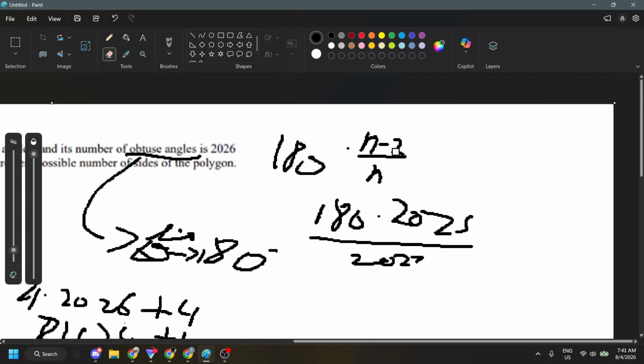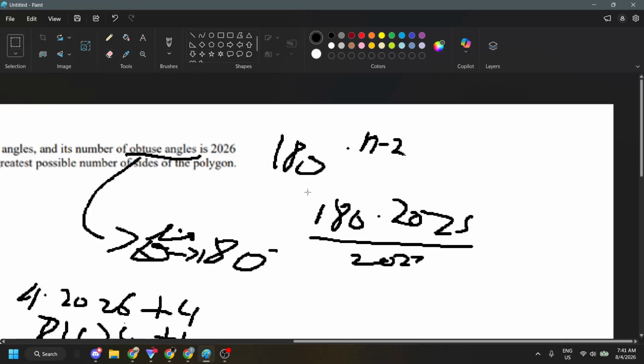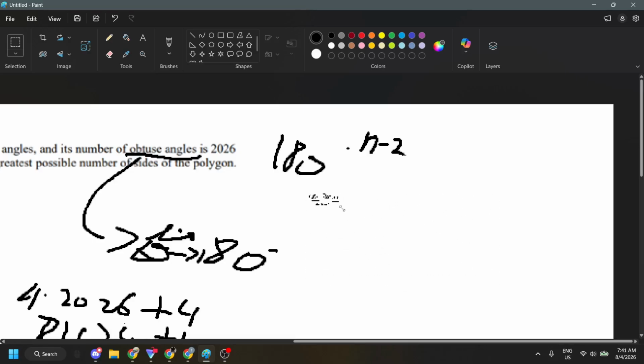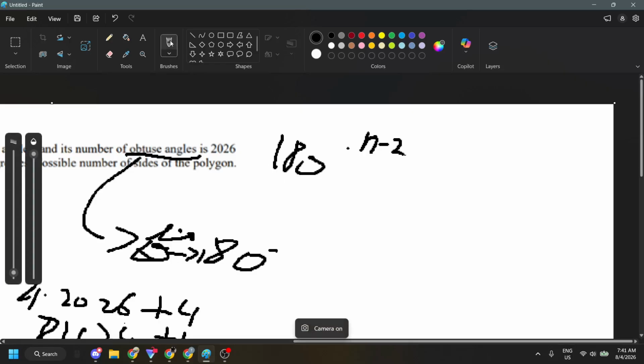This is each individual angle. Actually, that might help.